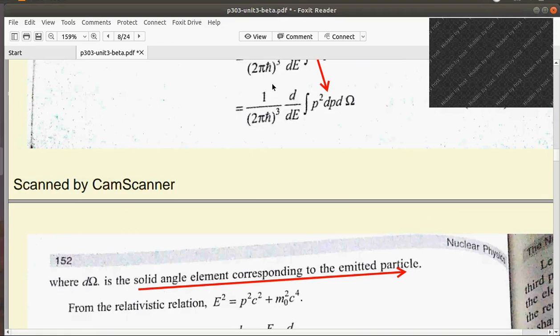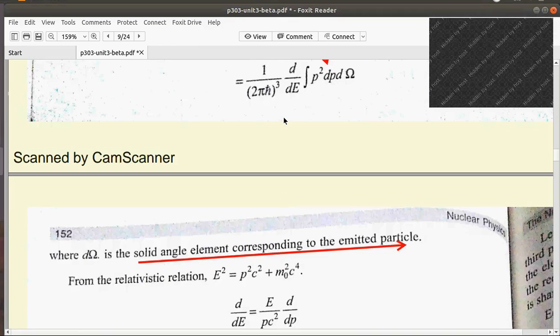So in this expression, I'll forget 1 by 2 pi h cut whole cube. I'll just use d by dE. Instead of d by dE, I'll write here capital E by PC square. Assume that the 2 is above. Now there is the integral sign, so I'll just write integral into p square into dp into d omega.